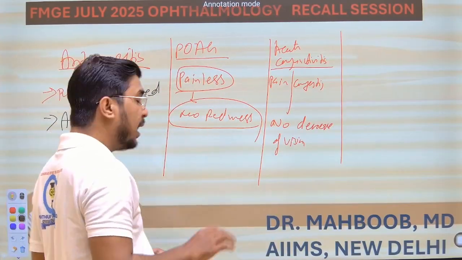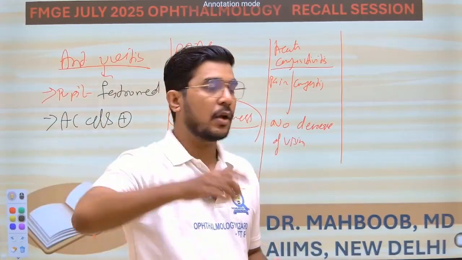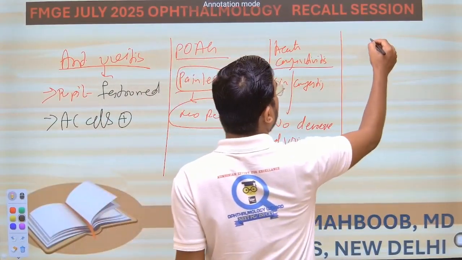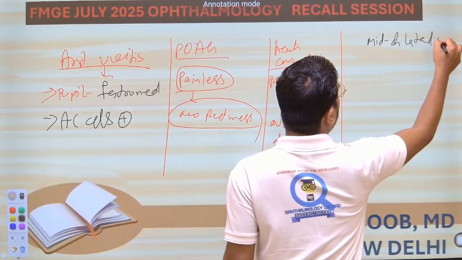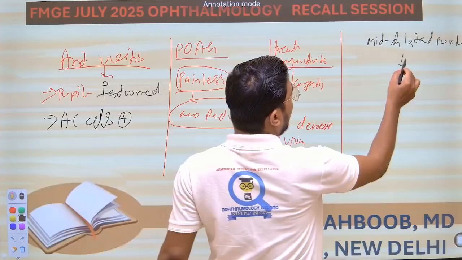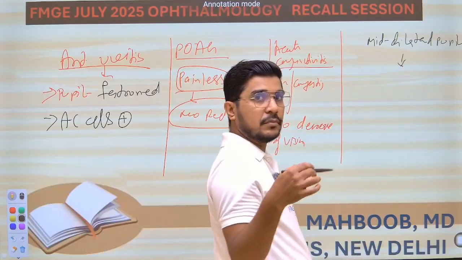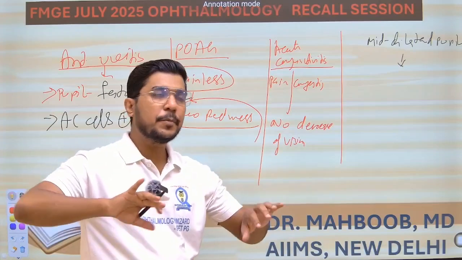Now the question is why there is decreased vision in an angle closure attack. What happens if there is a mid-dilated pupil? This mid-dilated pupil causes pupillary block.